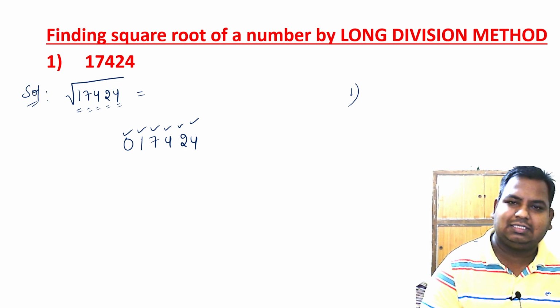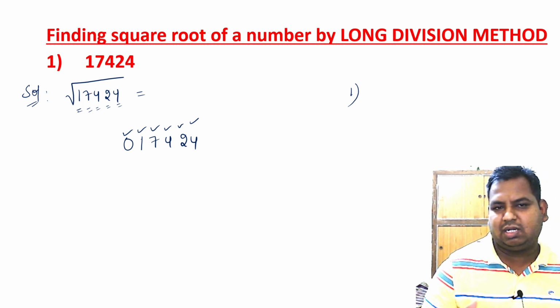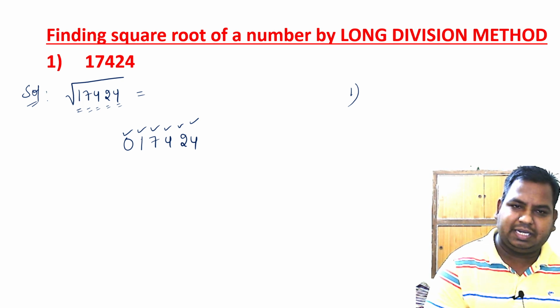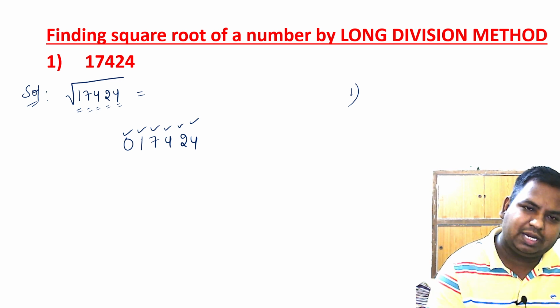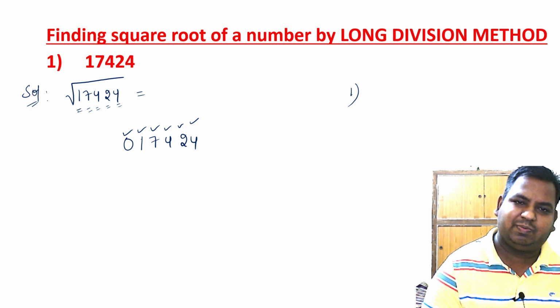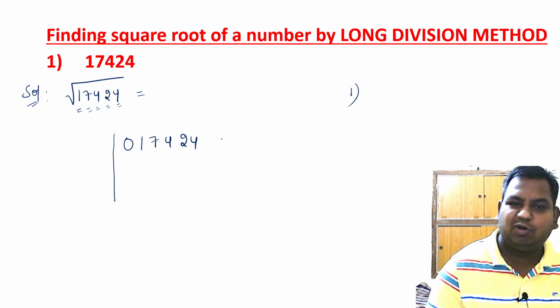Look at the digits and check whether the given number has an odd number of digits or an even number of digits. If we have an odd number of digits, add 0 at the beginning and convert to an even number of digits. If we have an even number of digits, feel happy. Now, the next step is to put vertical bars.